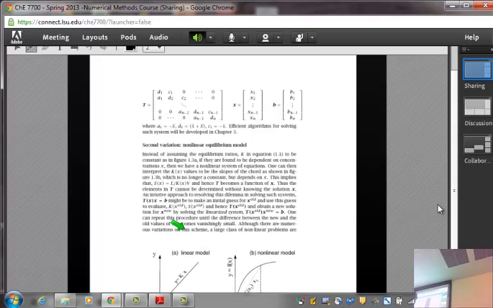So you will have a very large system of equations, but the structure is going to be the same. Okay, the diagonal elements are known, the one above and below diagonal elements are known, the rest are all zero. It's a tridiagonal system. Okay, so it calls for a specialized way of solving those equations, and we will develop those algorithms. A second variation is, as I said, a linear model versus a nonlinear model.